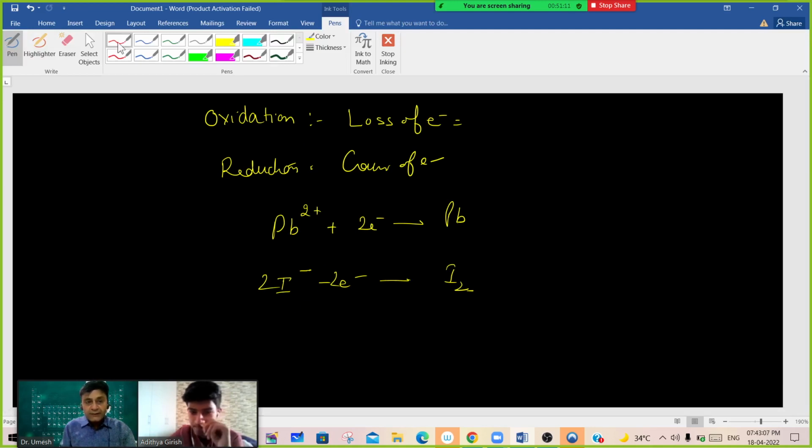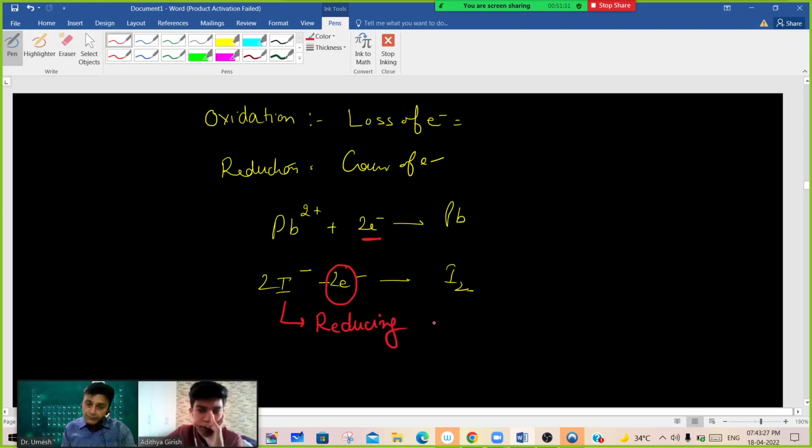Now, if I say that the electrons that are lost by the iodine are gained by the lead, it means for the reduction of the lead, iodide ion is giving electrons. So this iodide will be acting like a reducing agent. Or we can say lead ions are pulling or snatching the electron from the iodide.